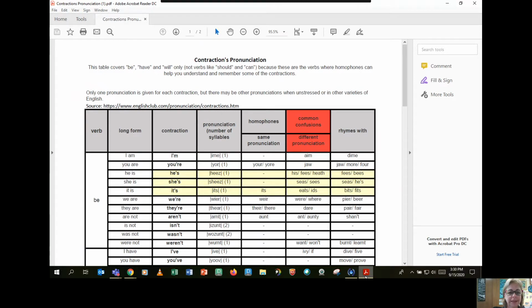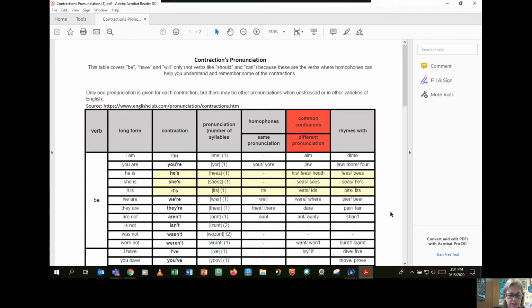Sometimes it's the verb plus not, for example, is not becomes isn't. Or maybe it's a question word plus a verb, like what is, what's. These are all examples, and as we see, we always use an apostrophe where we remove the letter in our contraction.